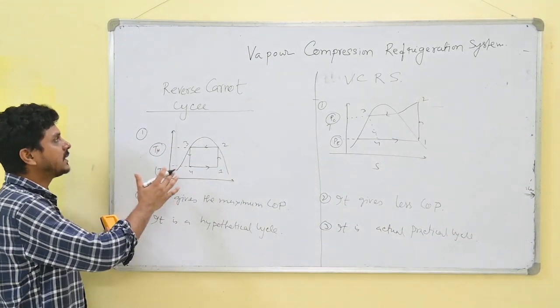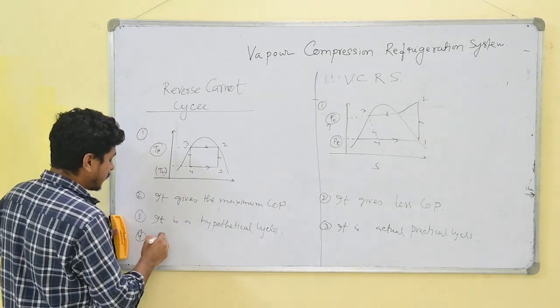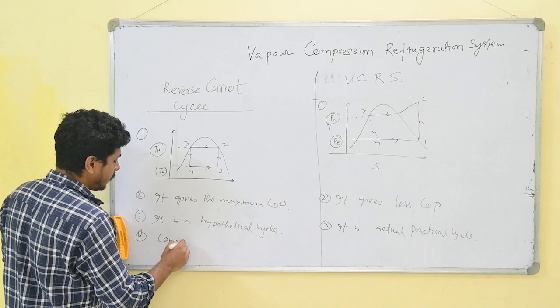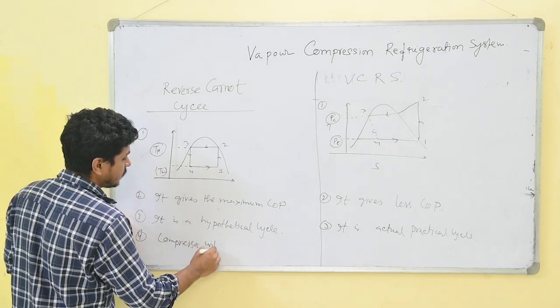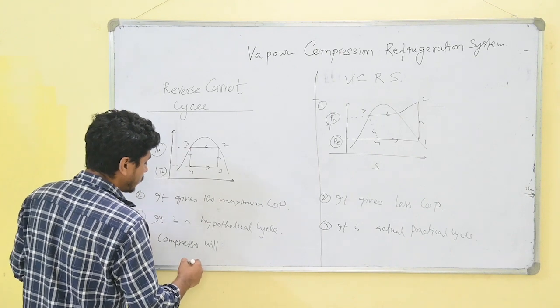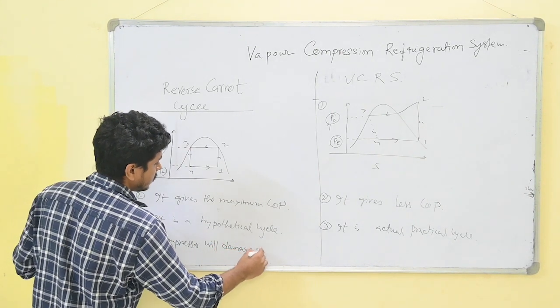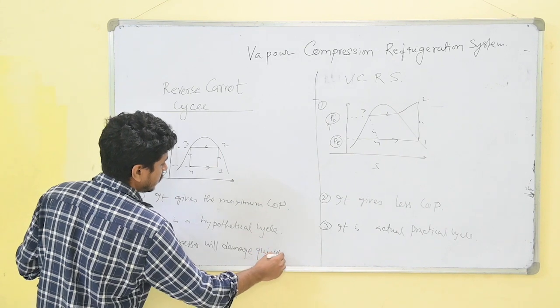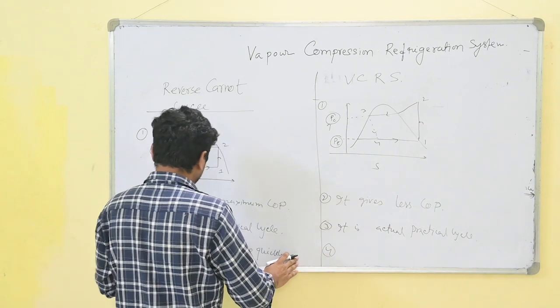We do not use the reverse Carnot cycle in refrigeration systems because the compressor will be damaged quickly.